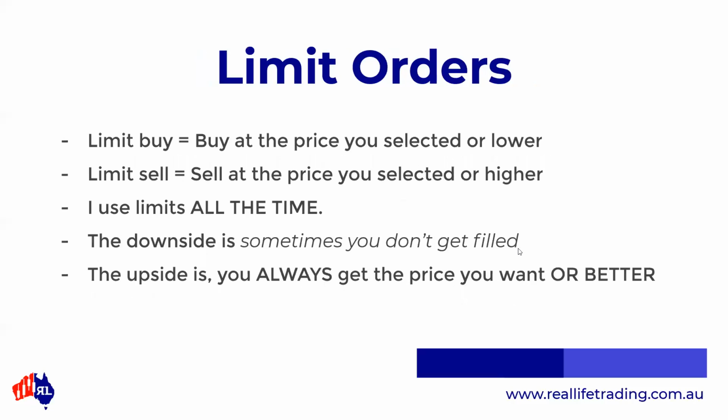Now a limit order. A limit buy is basically a price that you have selected to buy at or lower. So if the current price of the stock or the option is higher than where you want to get in, you would always use a limit order. A limit sell is pretty much the same thing, but in reverse. A limit sell is generally what you use as a target when you've bought a stock.